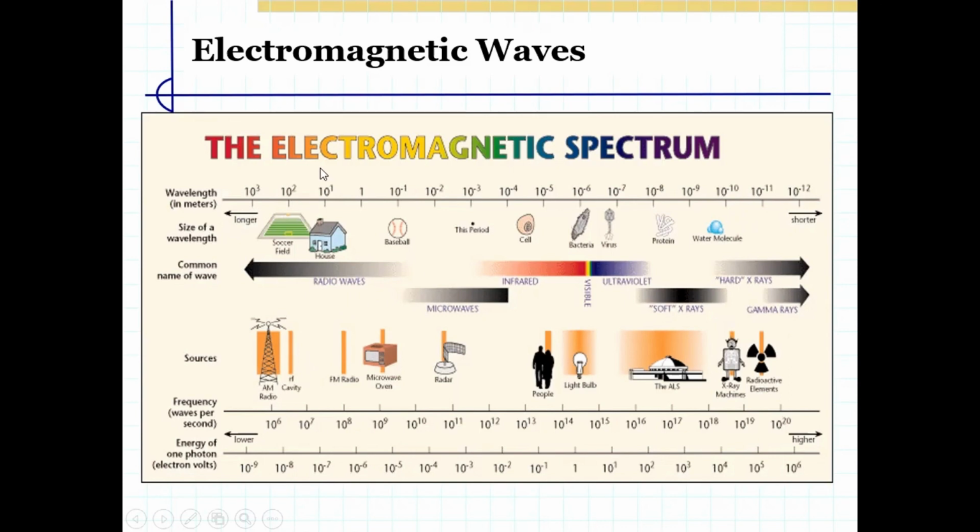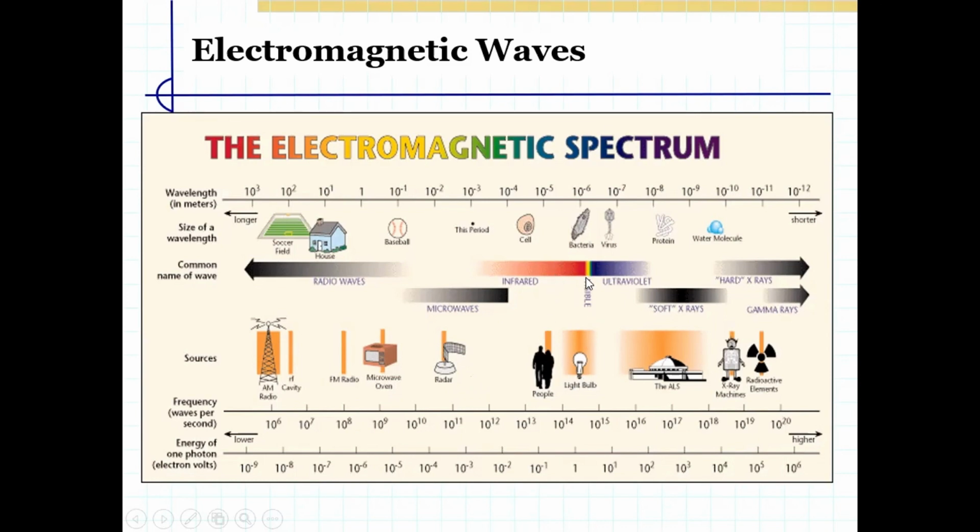The sources for these radiations you can see are the AM radio, the RF cavity, the radio frequency transmission services, the microwave ovens, and then microwaves and the radars. They operate in the microwave region, and then people emit thermal radiations in the infrared region.